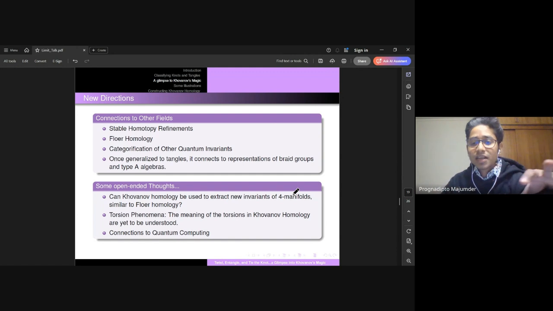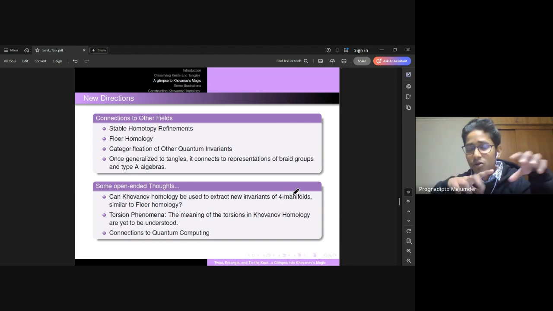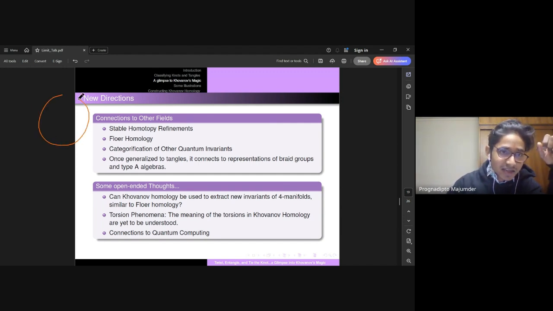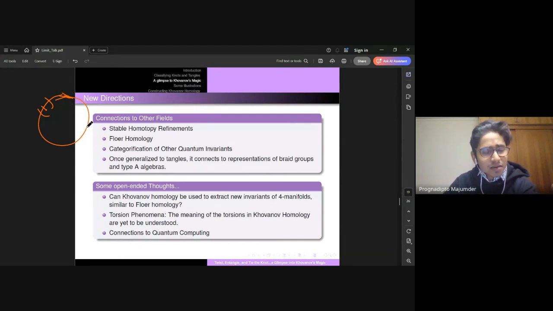Locally, it looks like R^n, and you patch these pieces together. For example, the circle S1 locally looks like the real line. This open interval looks like the open one-dimensional real line, so this is a one-manifold. It matters how you patch it up, so this is not the same as that one.